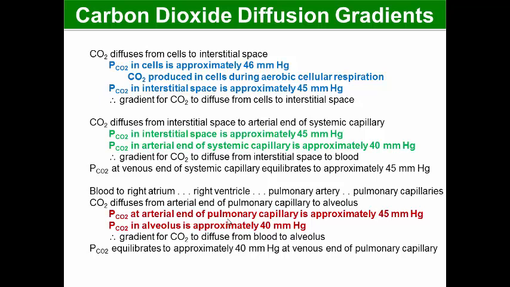The partial pressure of carbon dioxide in the alveolar air is only 40 millimeters of mercury. So carbon dioxide now at the level of the lungs diffuses in the opposite direction to the direction of oxygen diffusion. So it diffuses from the blood in the pulmonary capillaries to the air in the alveoli.